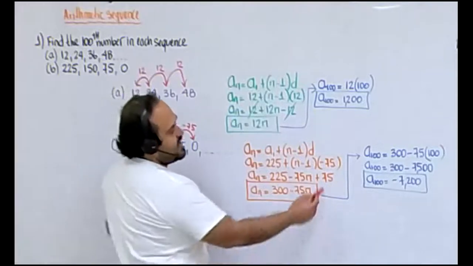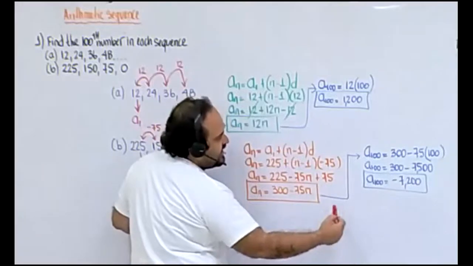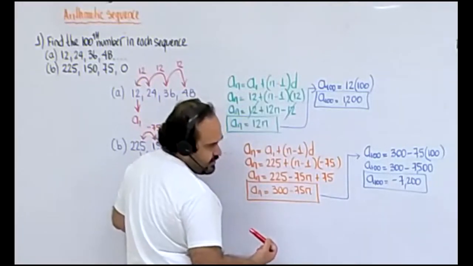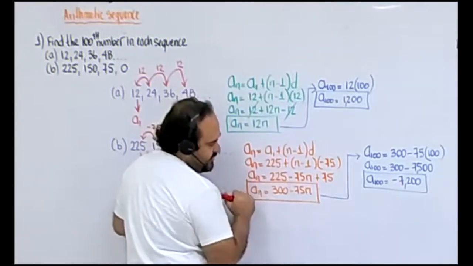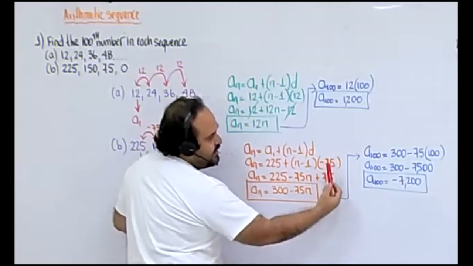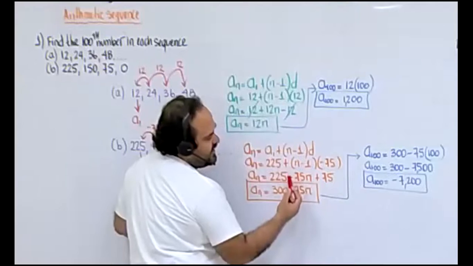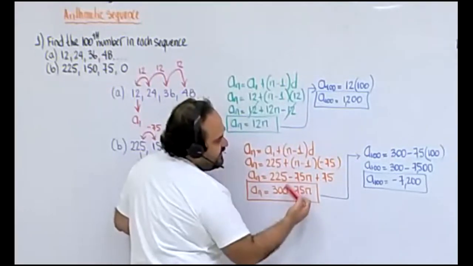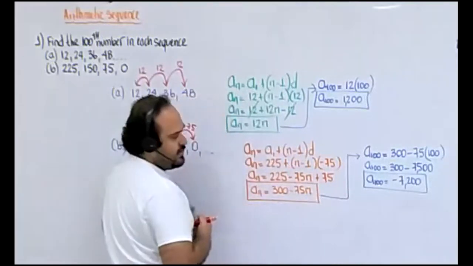I mean, negative 75 multiplied by n, and at the same time, negative 75 multiplied by negative 1. So, copy 225, that's it. Now, negative 75 times n will be negative 75n. Another one, negative 75 times negative 1 will be positive 75.